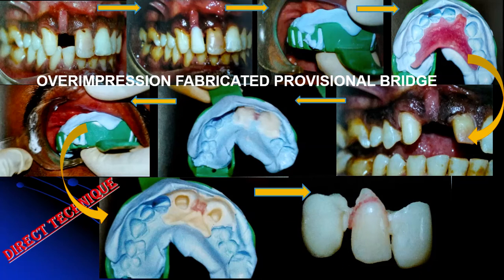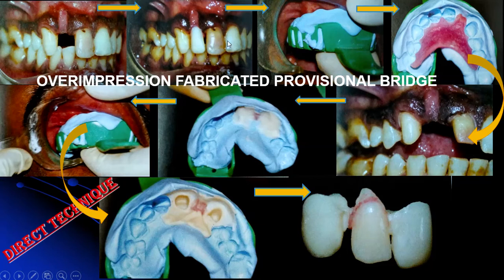So what do we do in this case? We bring denture teeth, and this denture tooth we stick to the area of the missing tooth. We can use wax, sticky wax, and fix it in its place. We check occlusion, everything okay.